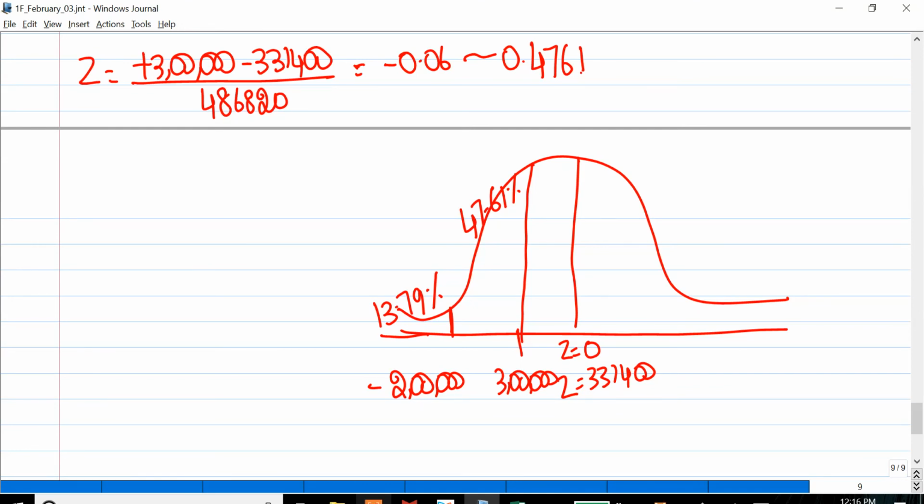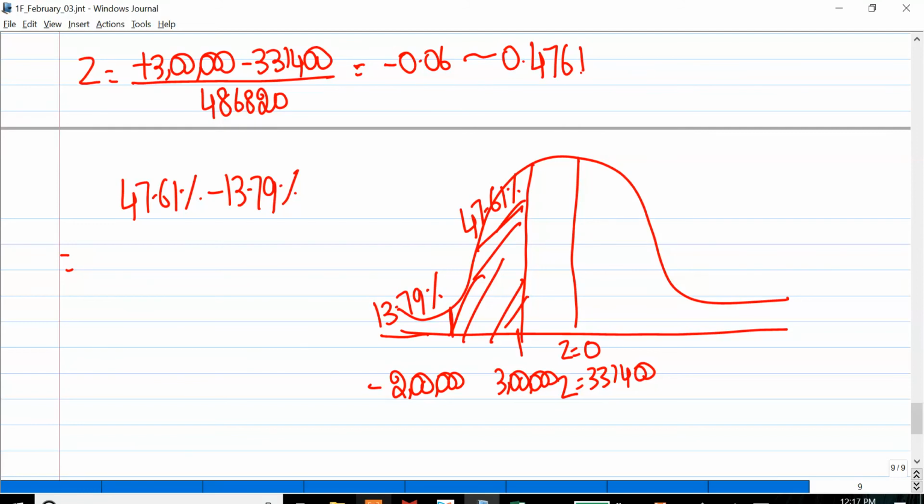Now, what I want is the area in between these. Between plus 3 lakhs and minus 2 lakhs, which is nothing but 47.61% minus 13.79%. That will be the probability of in between. Listen, less than 3 lakh is 47.61%. Less than negative 2 lakhs is 13.79%.